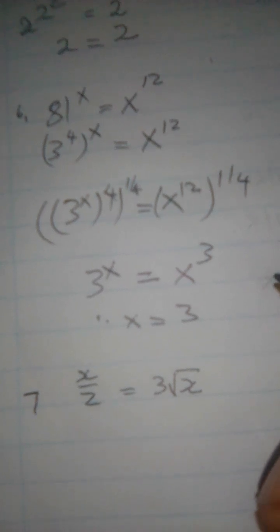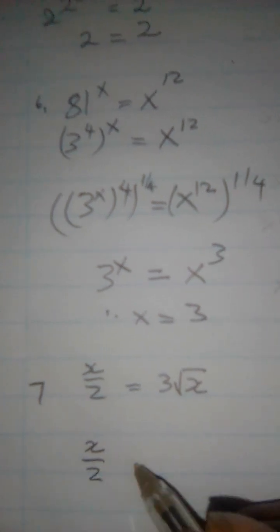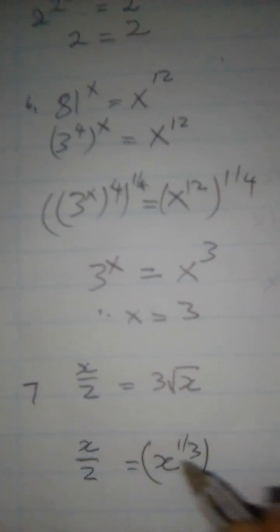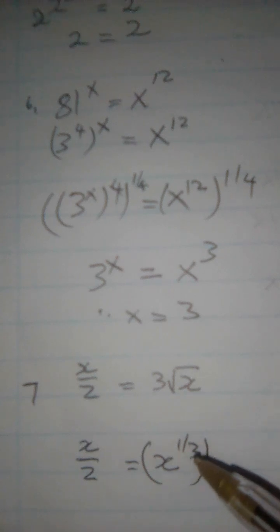The next step that I'm gonna do is just to get rid of this nth root. So x over 2 equals x to the 1 over 3. The nth root can be rewritten this way.